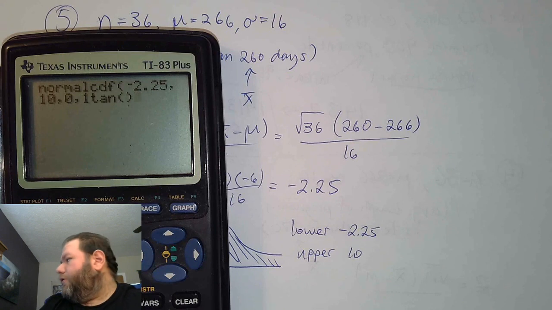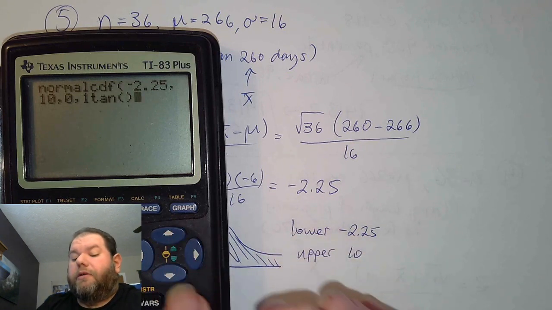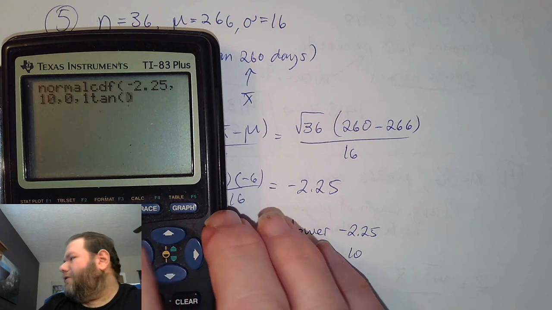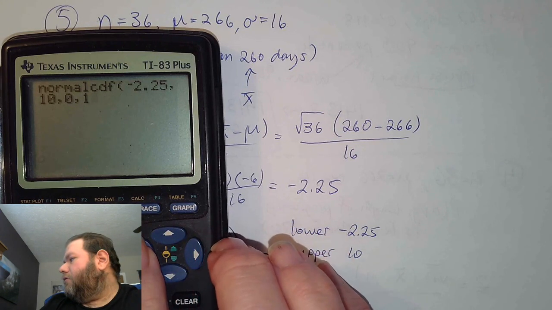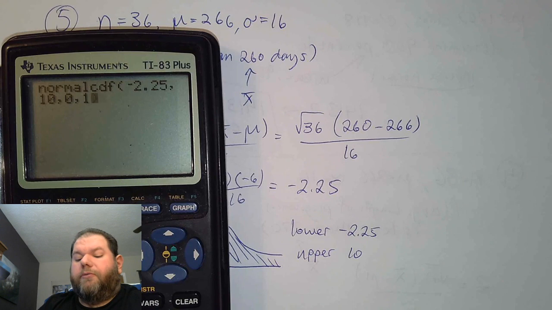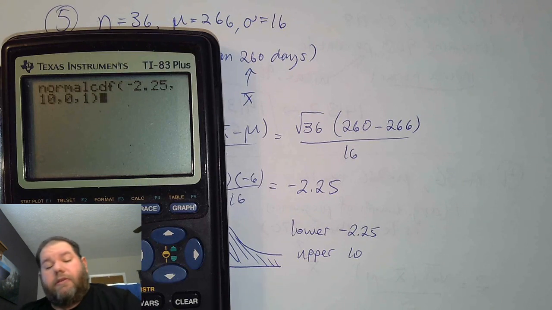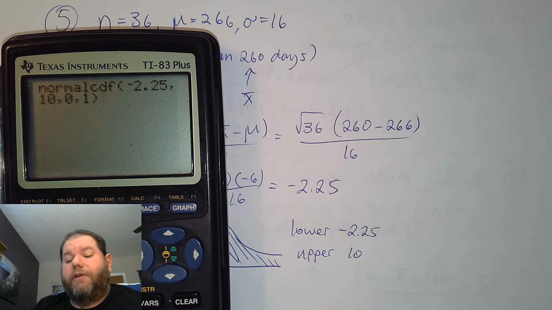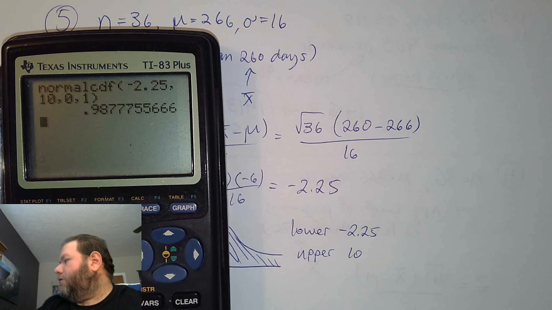The 0 and 1 is the mean and standard deviation of the standard normal distribution. So we always have to enter that. And we press enter. It gives us a result of 0.9878.